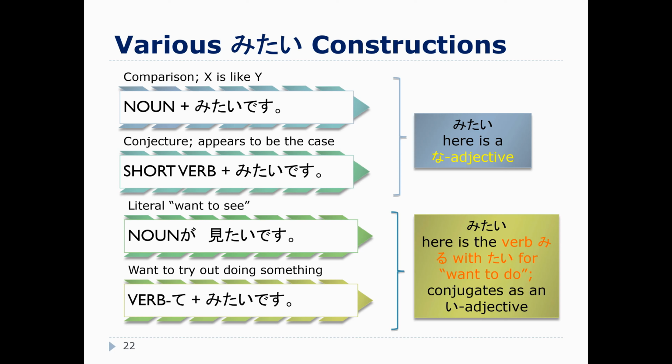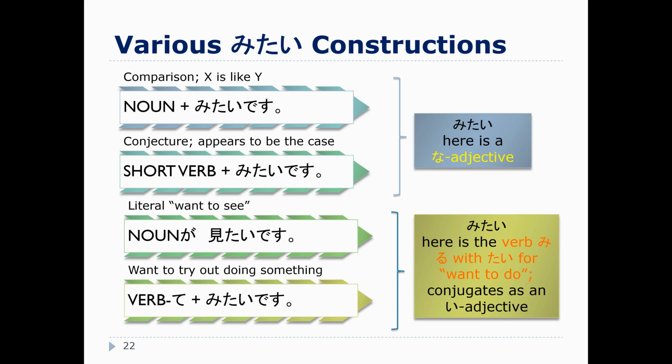The other みたいです that we have talked about, one of them is just like literally, we changed the verb 見る to 見たいです. And the other one is the te form of a verb plus 見たいです, which means that you want to try something out.